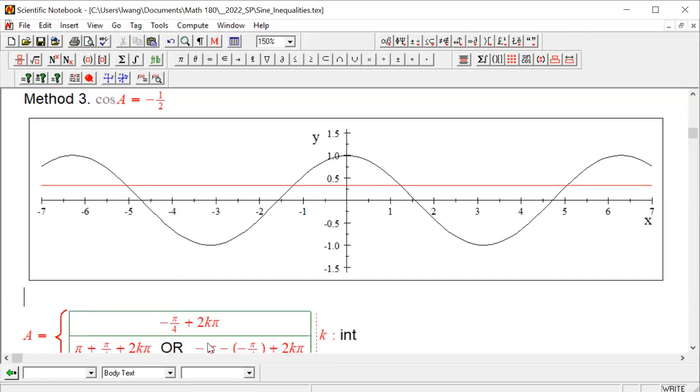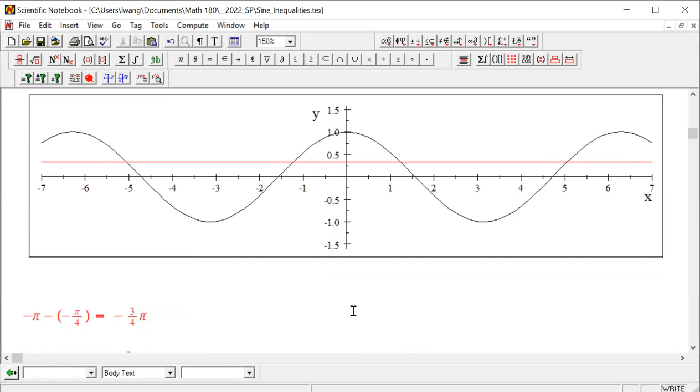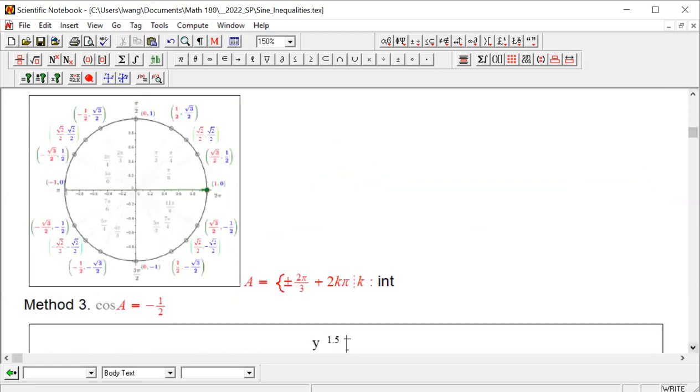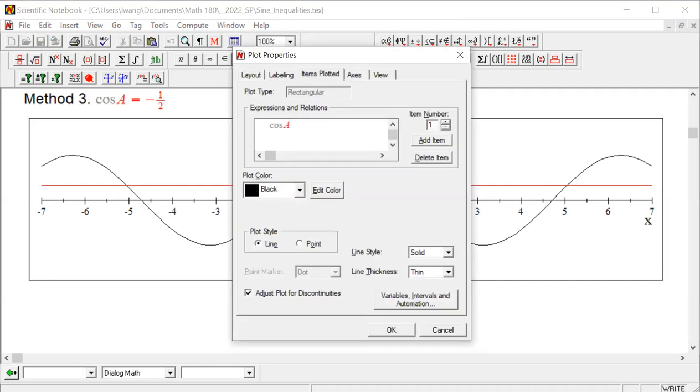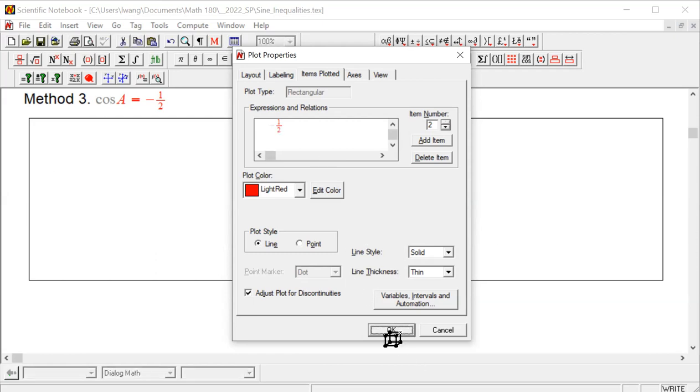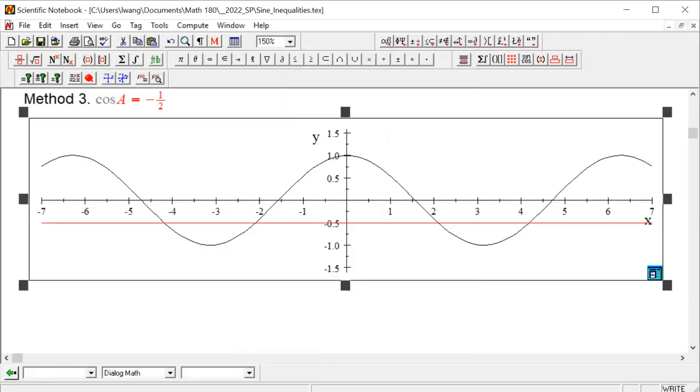Previously the horizontal line was 1/3, so this time we're going to draw that horizontal line at -1/2. There you go, and we found our solutions.